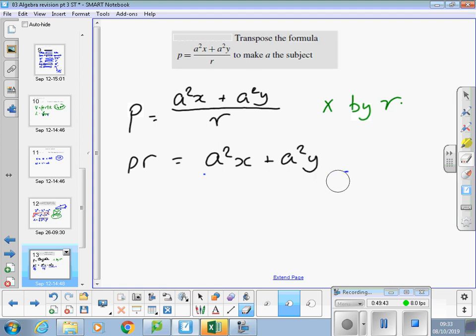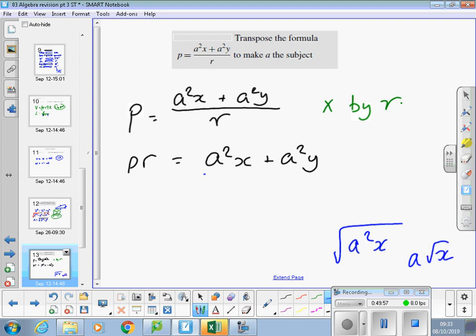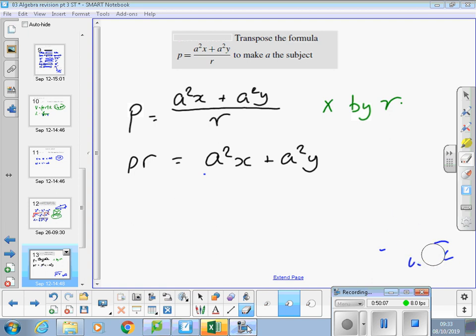If you square root a squared x, what you get is a. So no. They are added together, but you can't.